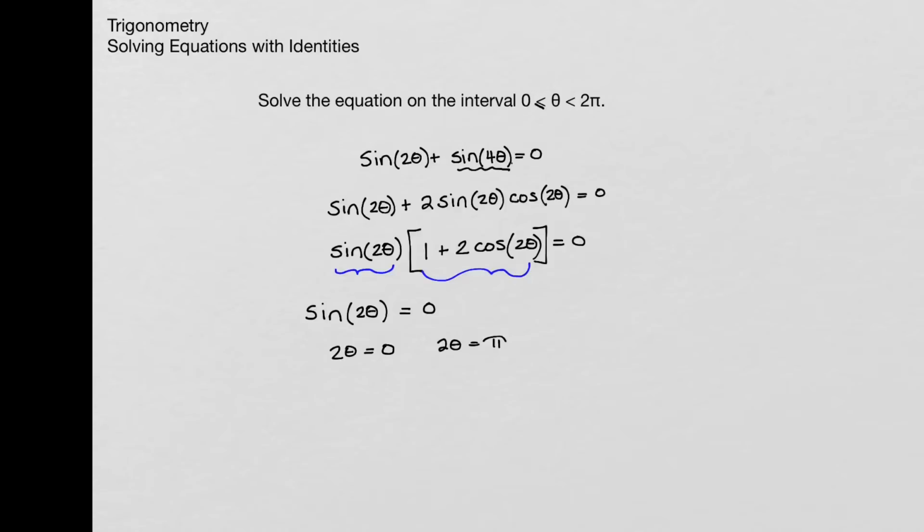But because it's a 2 theta, there are 2 more possibilities. The rule of thumb is that if you're working with just 1 theta, then you just look at 1 cycle, 0 to 2 pi. And if you have sine of 2 theta, or whatever the trig function is, then you look at 2 cycles, so 0 to 4 pi.